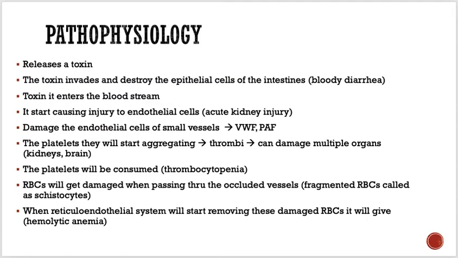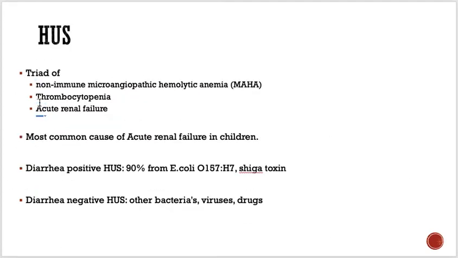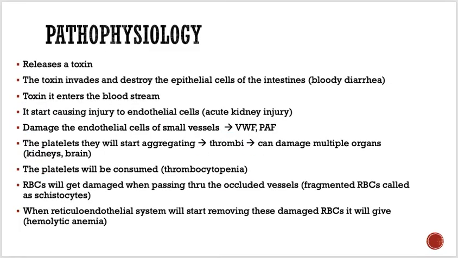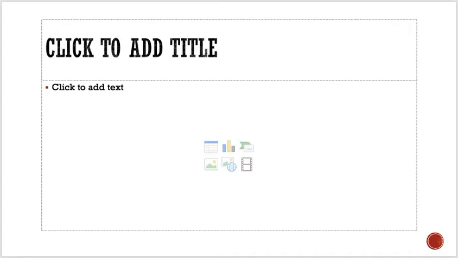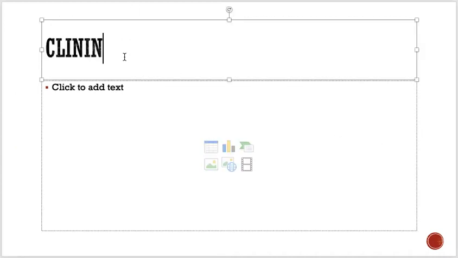It is the one which has consumed platelets, which will lead to thrombocytopenia, and as I told you, the patients present with thrombocytopenia, acute renal failure, as well as microangiopathic hemolytic anemia. Microangiopathic means small vessels, right? So this is the pathophysiology going on behind, and the children present with the clinical features of that.